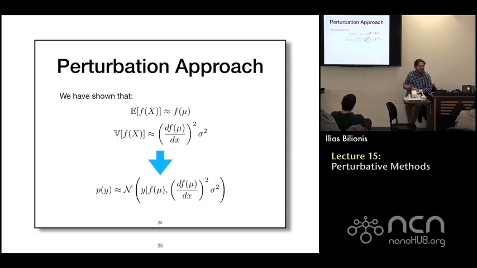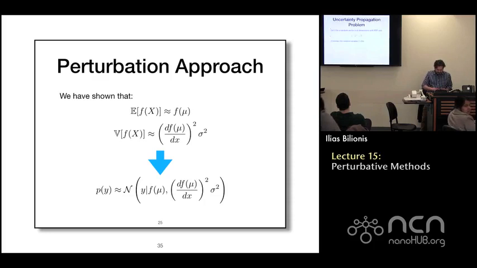Okay? All right. Yes? How can we consider higher order terms? You said that the expected value of x is equal to mu and all the higher order terms cancel. No, I didn't say that they all cancel. I said that the first term cancels.